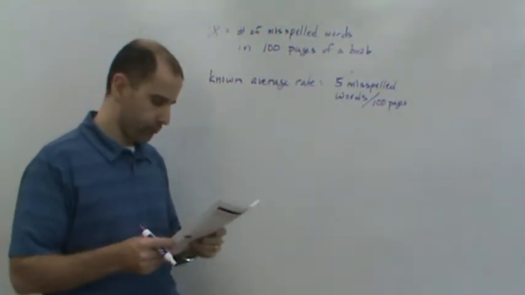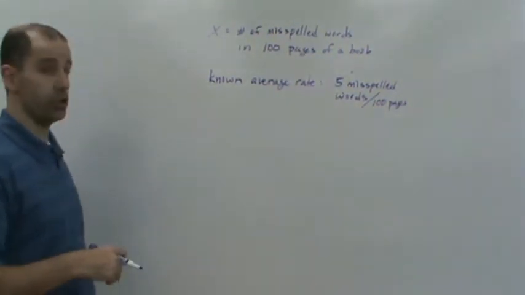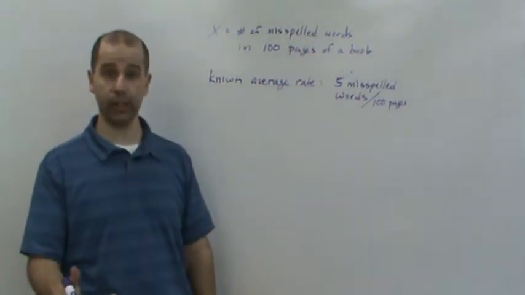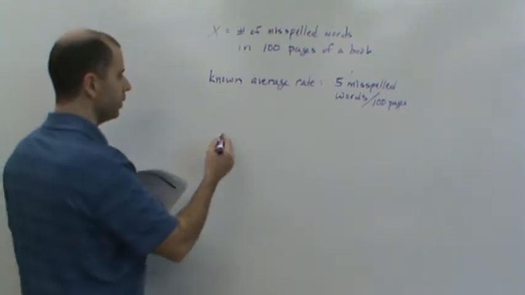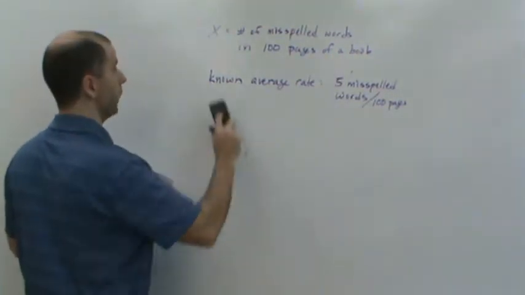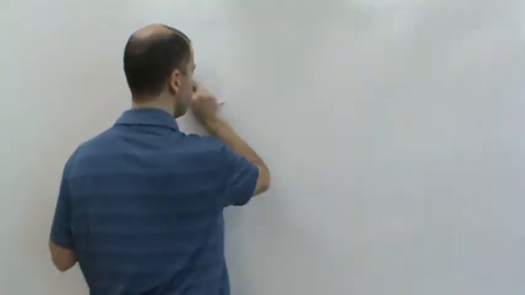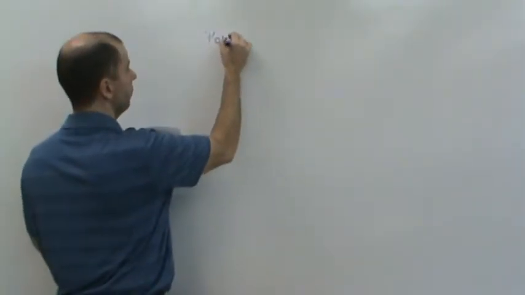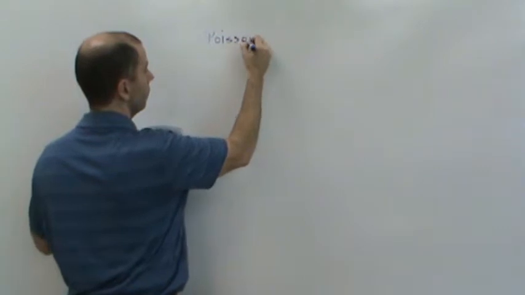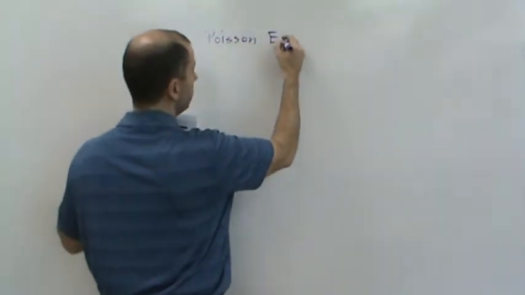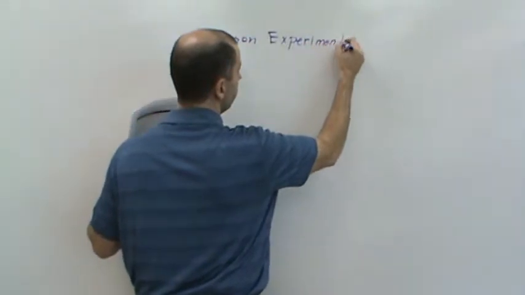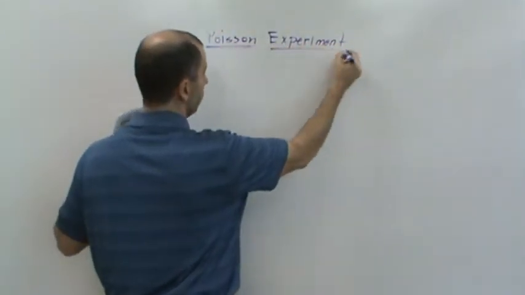Okay? So, what can we deduce from it being a Poisson random variable or a Poisson experiment? Here's what we know. If it is a Poisson experiment, okay, here's the note. So, if it's a Poisson experiment, then what do we know?